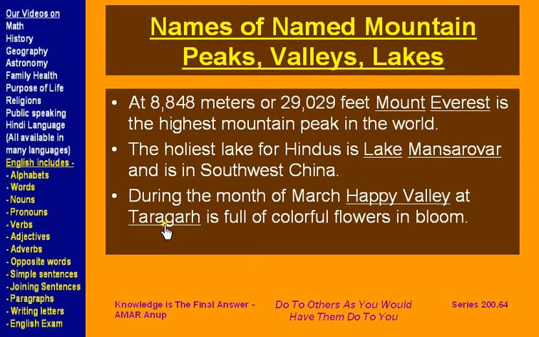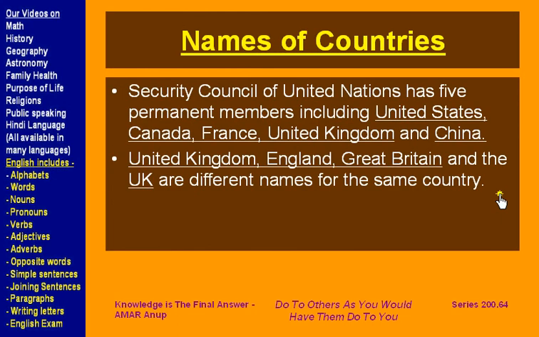And Taragarh is a much bigger mountain range, so the name T in Taragarh is capitalized. So names of mountain peaks, valleys, lakes, they are capitalized.